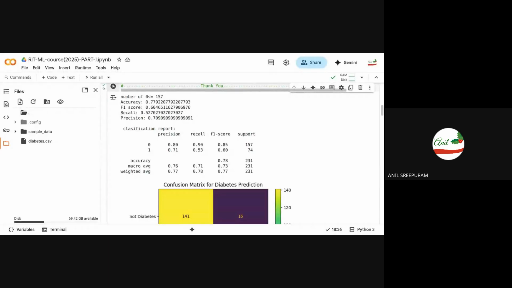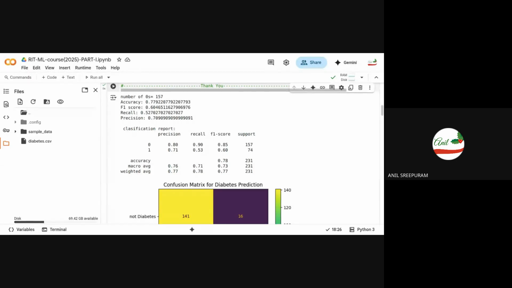Then it's having a recall of 0.5270 and a precision of 0.709. That means out of the whole samples which are in the diabetic category and the non-diabetic category, 70% are correctly classified.